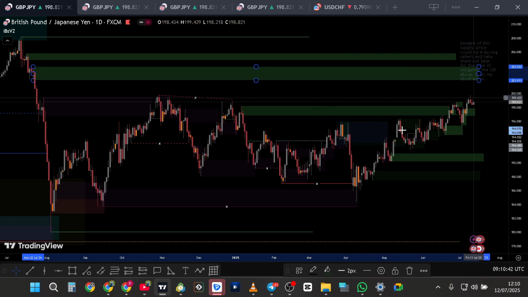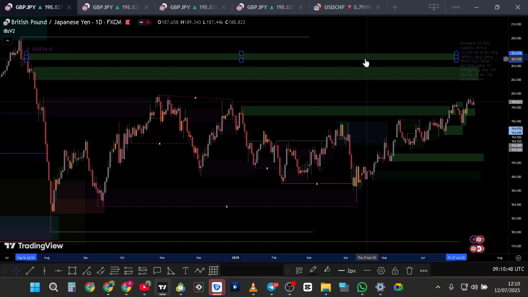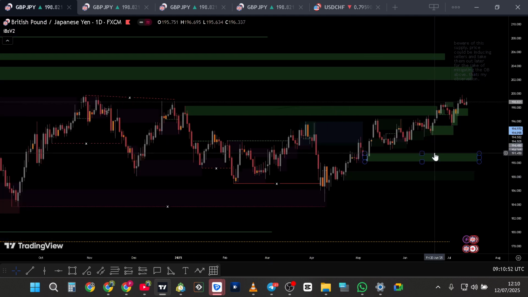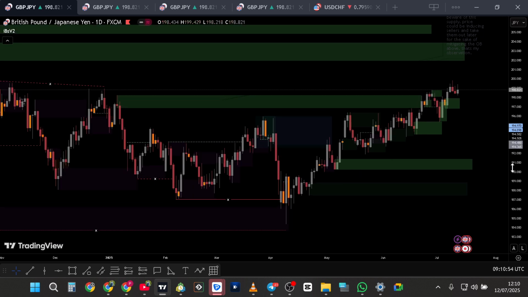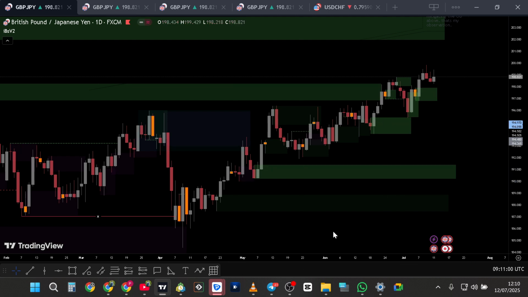Also, this supply up above here, I'll be expecting it to come to there. And as you can see, price has also been doing very small corrective pullbacks and pushing to the upside slowly.